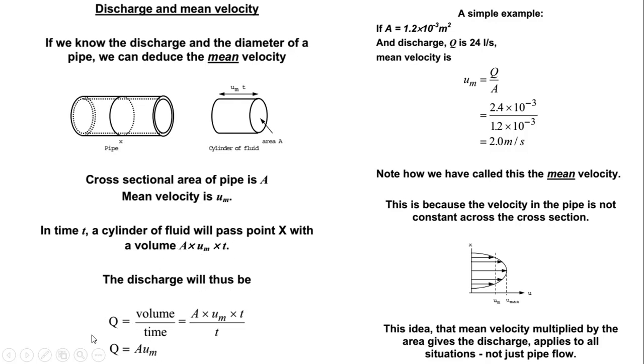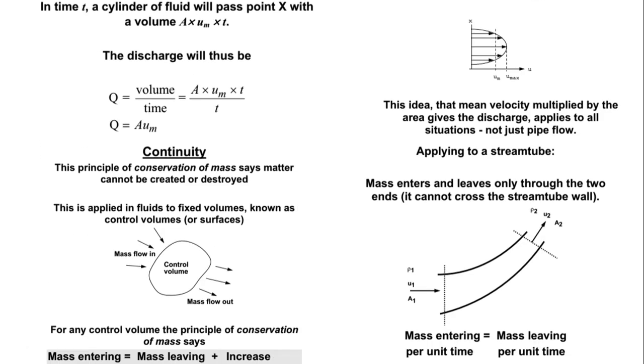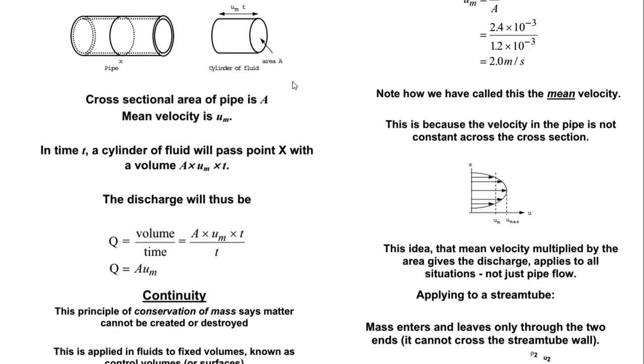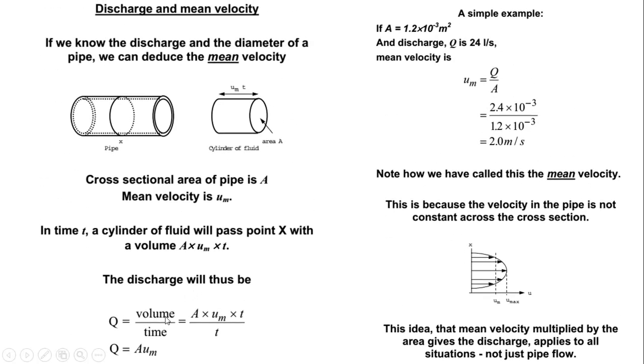So now if we come back to the definition of discharge, discharge is equal to volume over time. So in other words, we can write volume is equal to A multiplied by velocity multiplied by time, over this time that we have. Time and time cancel. So we are going to get Q is equal to A multiplied by the mean velocity.